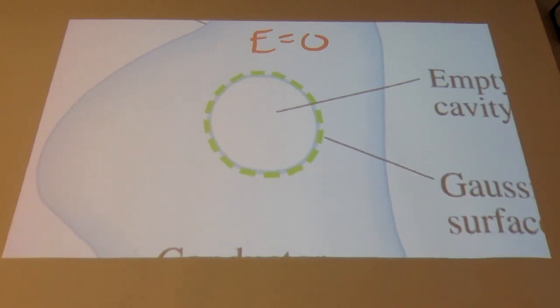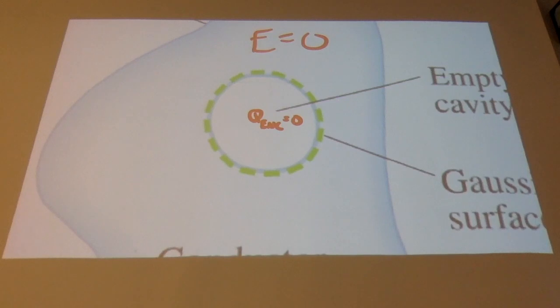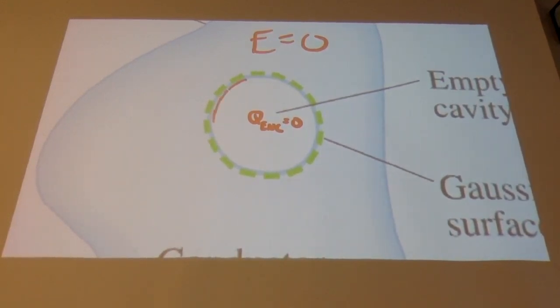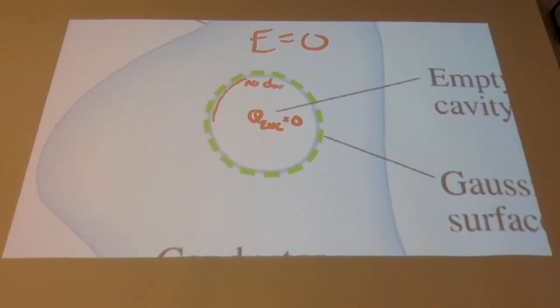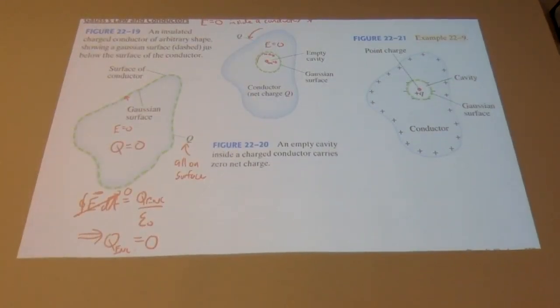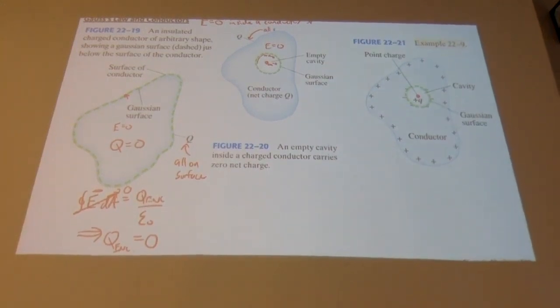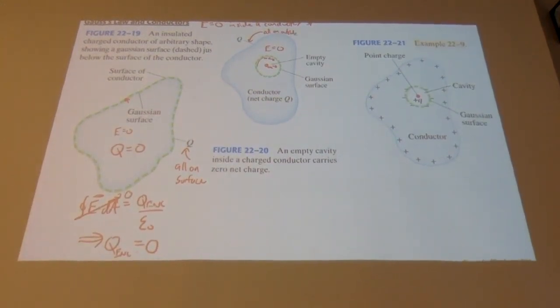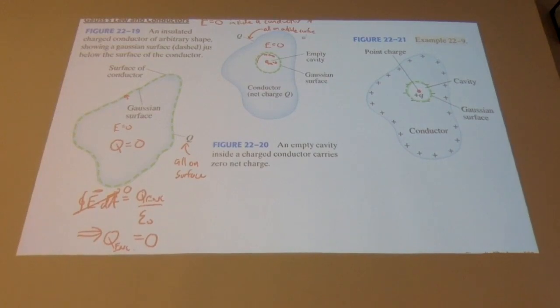which means that, well, there can't be any charge enclosed. There's no electric field passing through the dotted line. There's no charge enclosed, which means this interior surface, there is no charge here. Instead, when I drop charge, it all goes to the outside surface of a conductor.